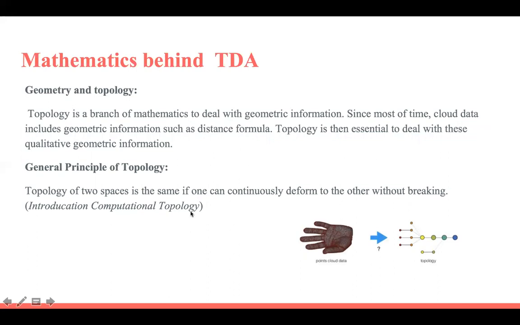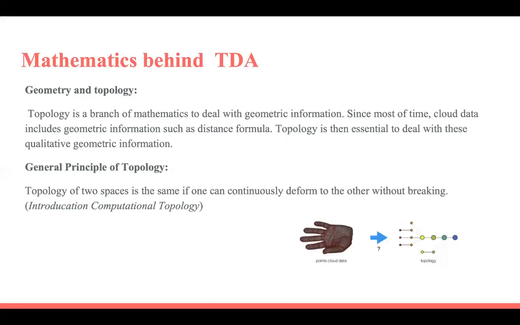So, some mathematics behind TDA. First of all, what are geometry and topology? I believe topology is basically new for most of us. Topology is a branch of mathematics that deals with geometric information. Since most of the time cloud data includes geometric information such as distance formulas, topology is essential to deal with this qualitative geometric information.